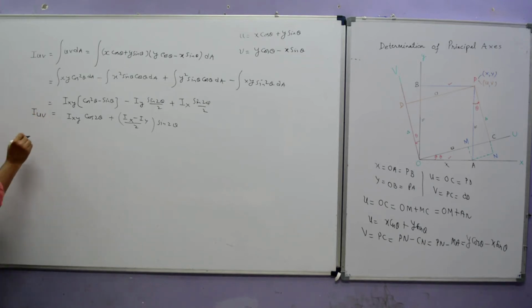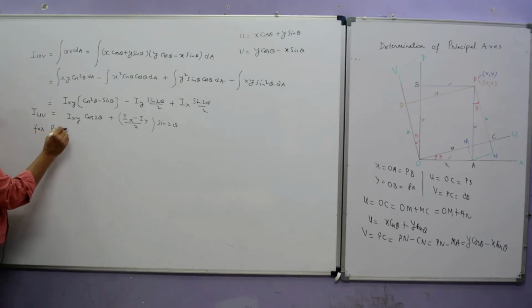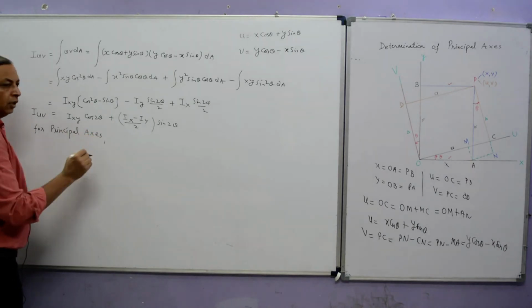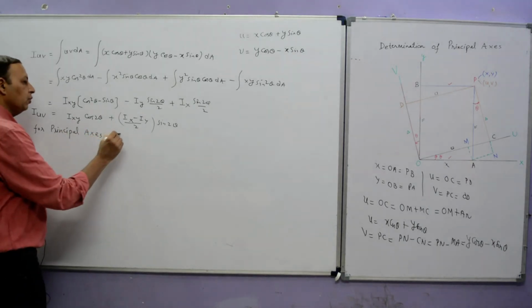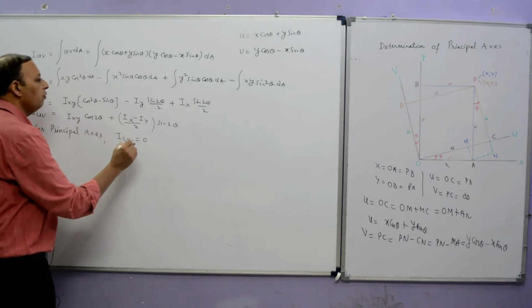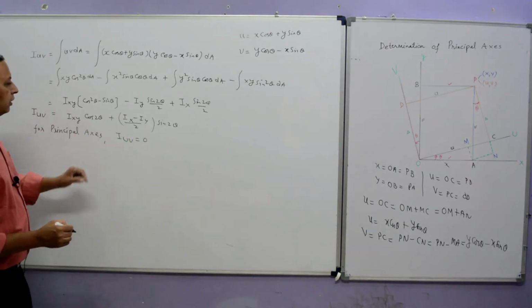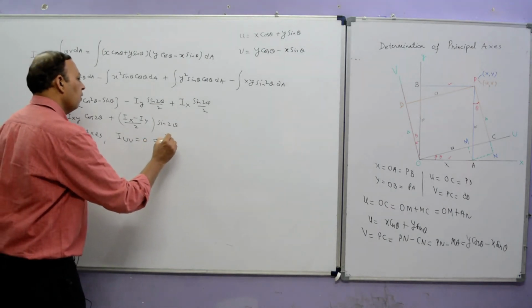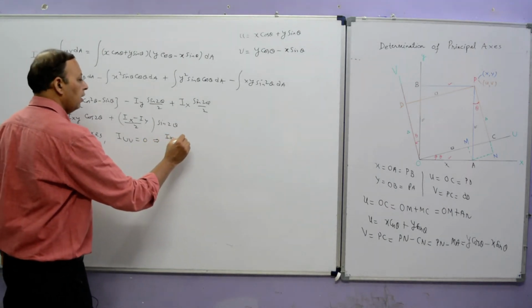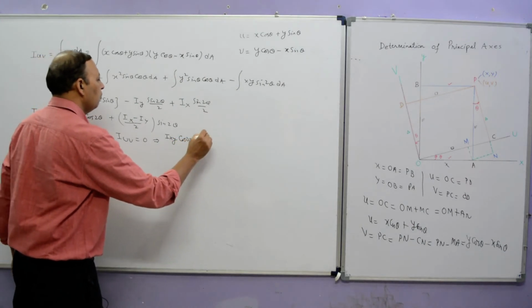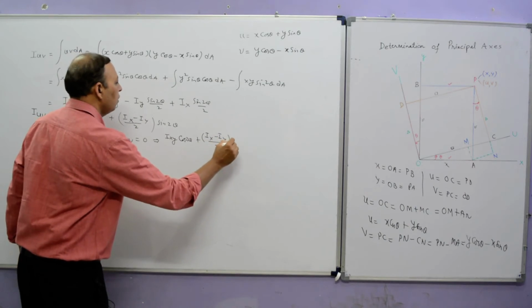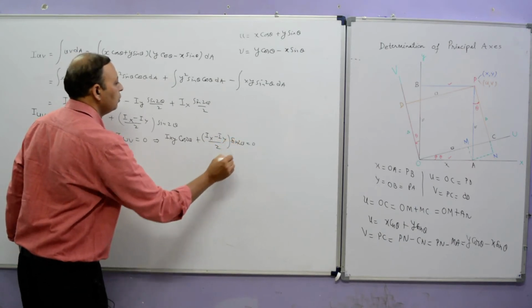We know that for the principal axis, the product of inertia must be 0. So Iuv will be 0. By getting this Iuv equal to 0, we can write Ixy cos 2 theta plus Ix minus Iy by 2 sin 2 theta equal to 0.